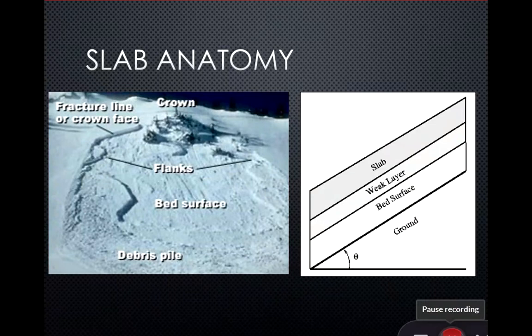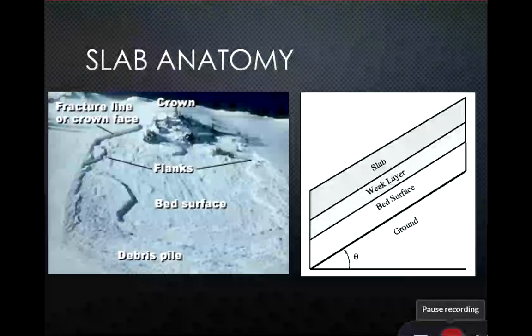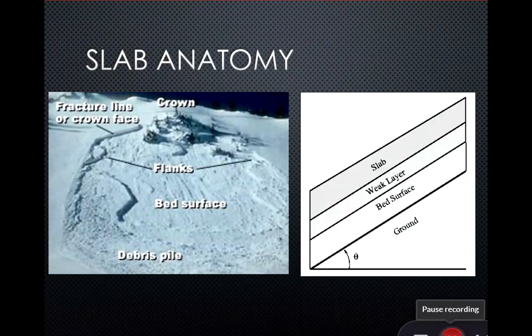Slab avalanches have different parts or components that make them happen or describe them. To start with, the top of a slab avalanche is called the crown or the crown face. The sides are called the flanks, and generally the crown could be referred to as the fracture line as well.